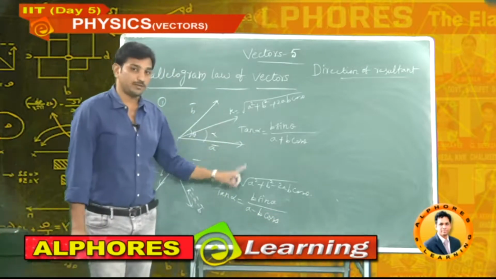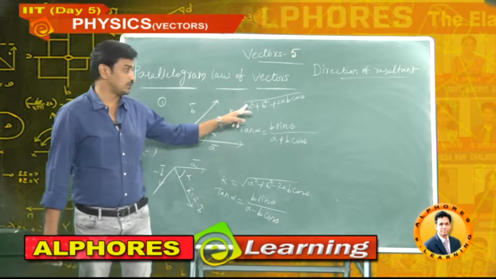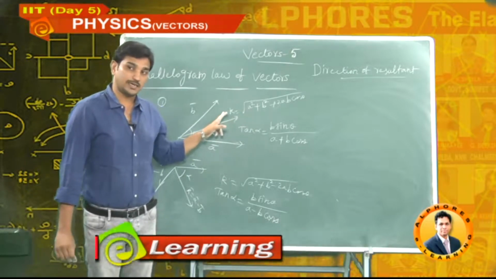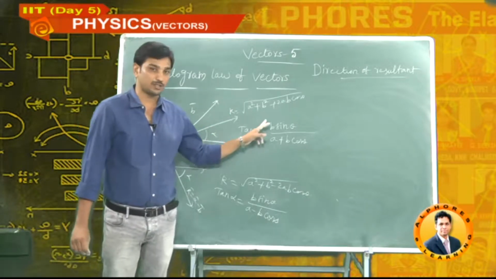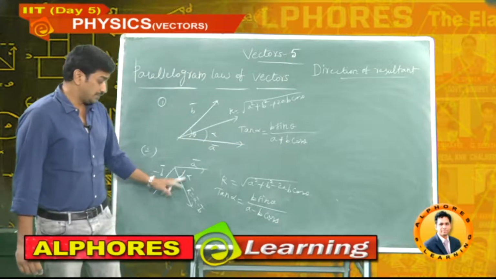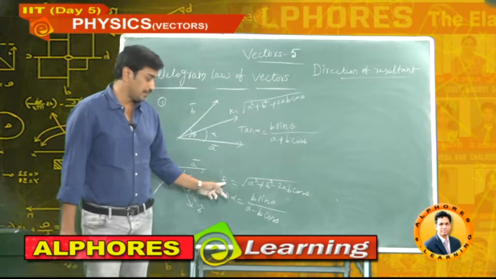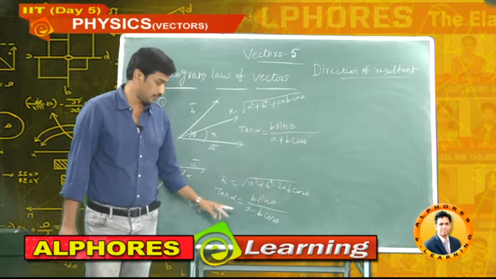So you should remember these four formulas. The resultant is a bar plus b bar, the magnitude is this. The resultant is a bar plus b bar, the angle made by a bar with the resultant is tan alpha, that is b sin theta by a plus b cos theta. If the resultant is a bar minus b bar, then the magnitude of the resultant is root of a square plus b square minus 2ab cos theta.